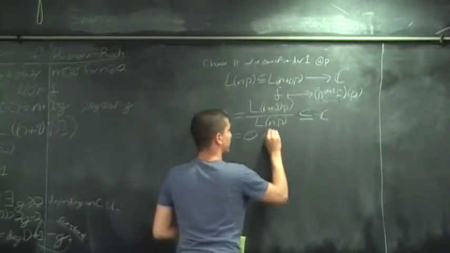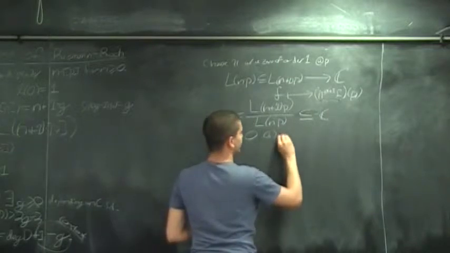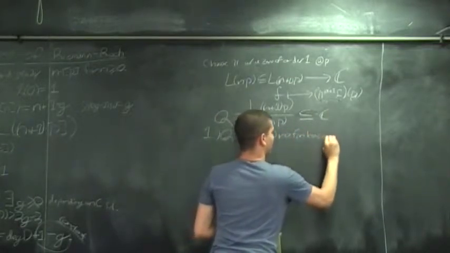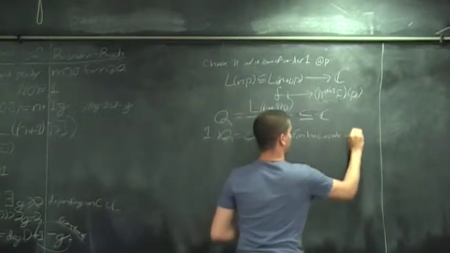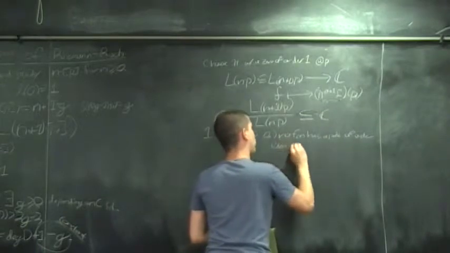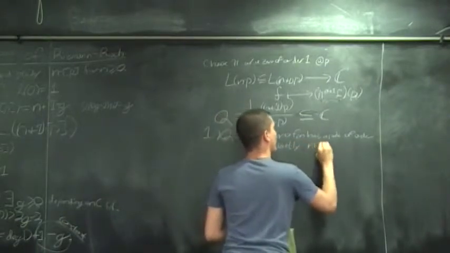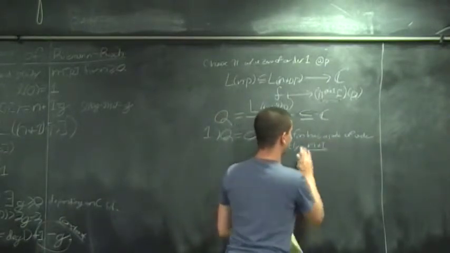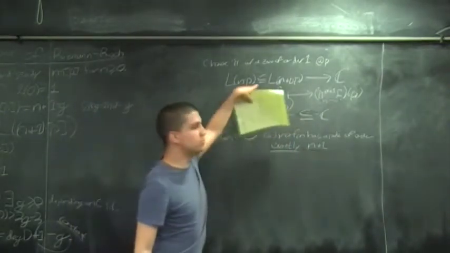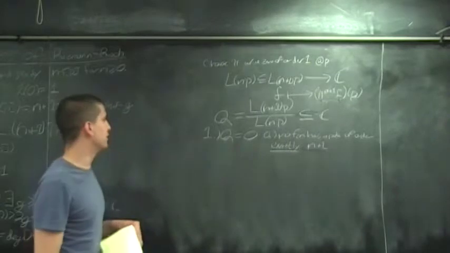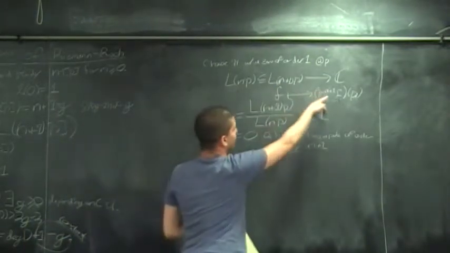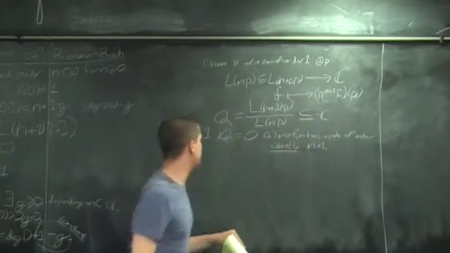So this is equivalent to, for instance, saying that no function has a pole of order exactly n plus 1. These two vector spaces are equal, so there's nothing just in here that's not there. So everything gets cleared to 0 and we get zeros over there.